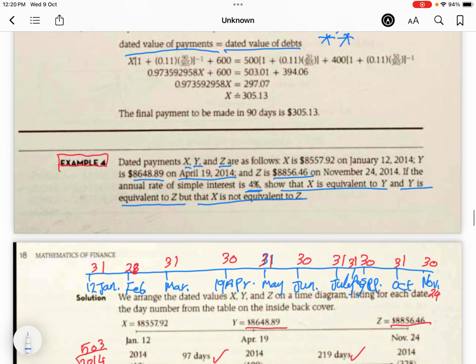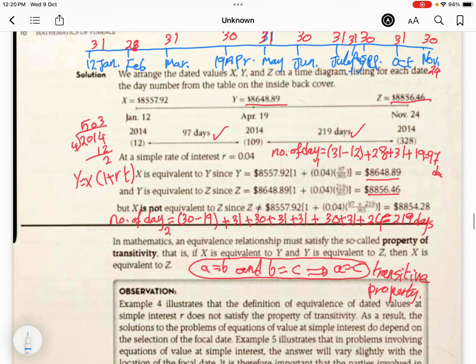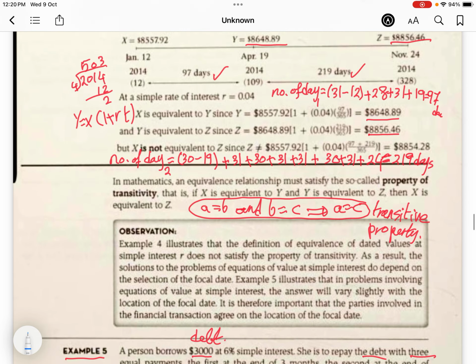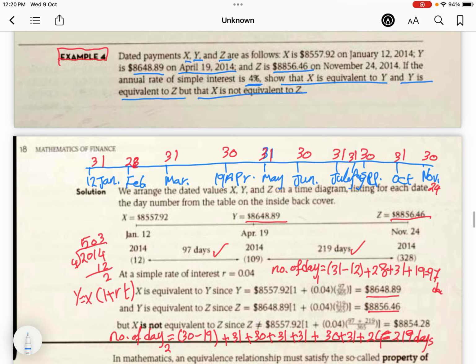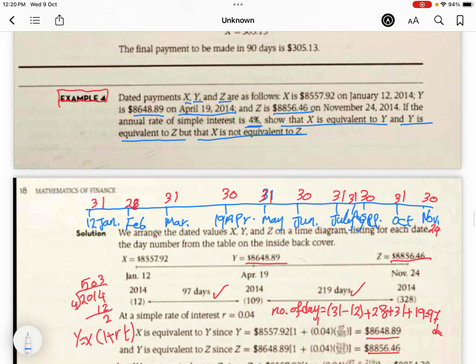Example number 4, dated payments X, Y, Z are as follows. X is 8,557.92 on January 12, 2014.